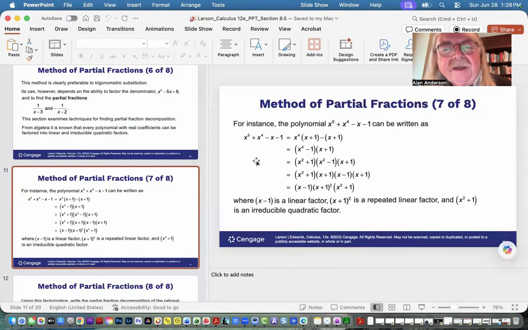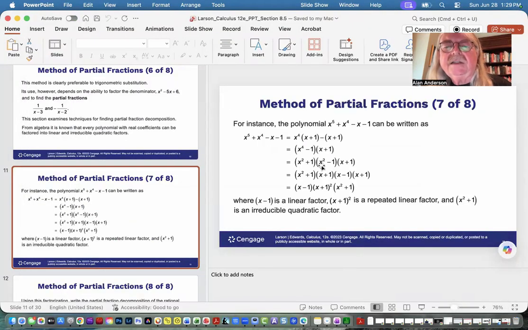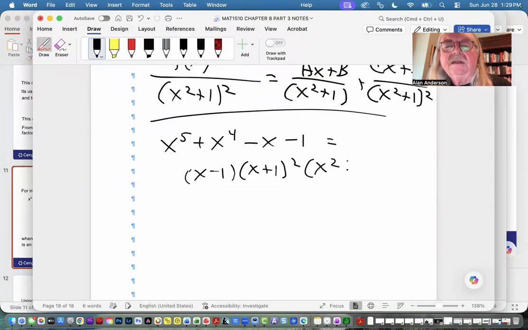Now, here they're helping us out. They're saying, listen, we're going to give you a break here. We're going to tell you that this equals x minus 1, x plus 1 squared, and x squared plus 1. Oh my God, what do we do?